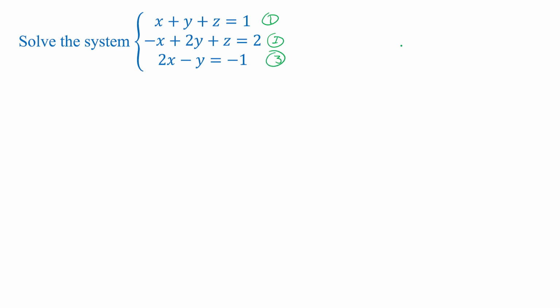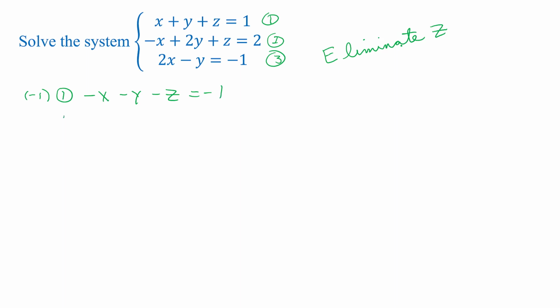Note that equation 3 is already missing z, so that's a good variable to eliminate. From equations 1 and 2, I can multiply equation 1 by -1, which would be negative x minus y minus z equals -1.